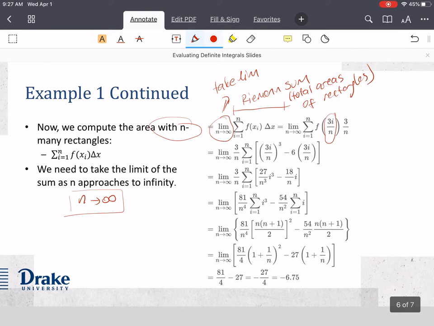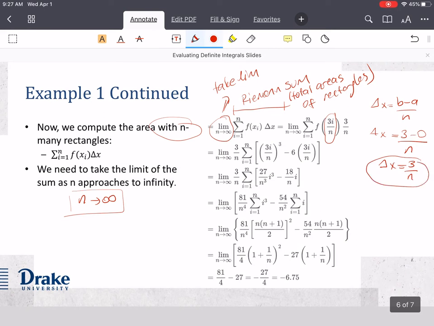Part of the reason is that you guys notice delta x is always b minus a over n. So because I'm saying that b is 3, a is 0, and I'm going to keep n as n many rectangles, right? And so for that reason, delta x is always 3 over n.